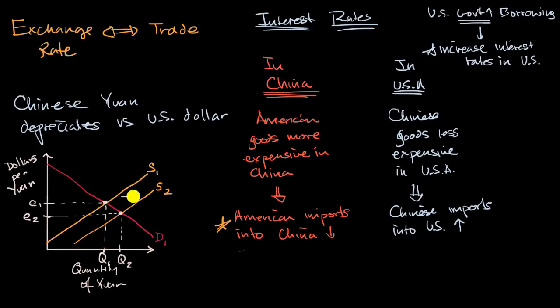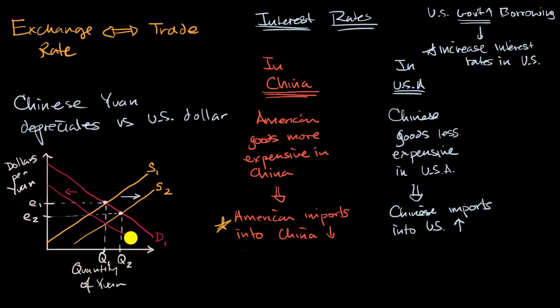So it would shift the supply of yuan to the right. And what would it do to Americans? Well, Americans might say, hey, I was before open to converting some of my money into yuan and maybe investing in China, but now that I get better interest rates in the United States, maybe I'm more likely to keep some of that money in the US. And so that could have the effect of shifting the demand for yuan to the left.